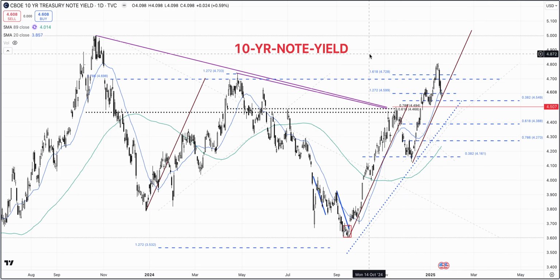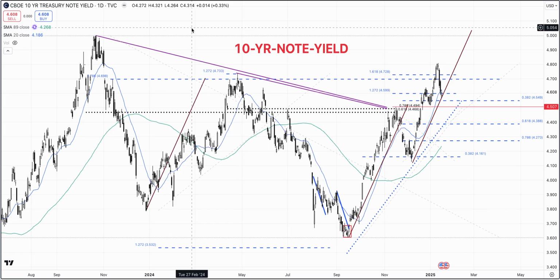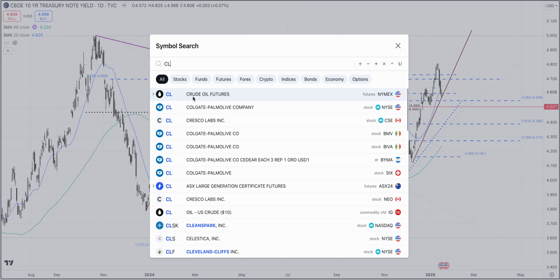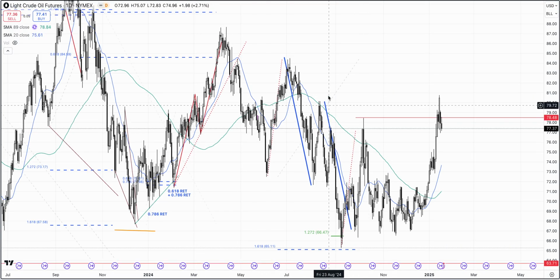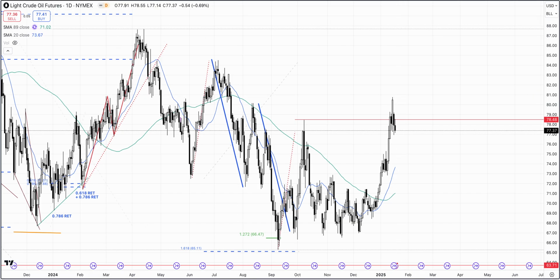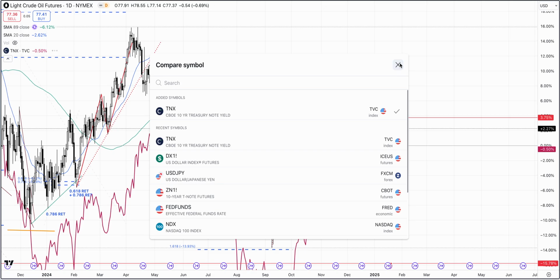Something really interesting as well: there is a correlation which exists as of now between the 10-year Treasury note yields and crude oil. So let me actually do it the other way around. Let me bring in the chart of crude oil. Here we go. So this is the daily chart of crude oil, and let me bring in the 10-year on the same scale.